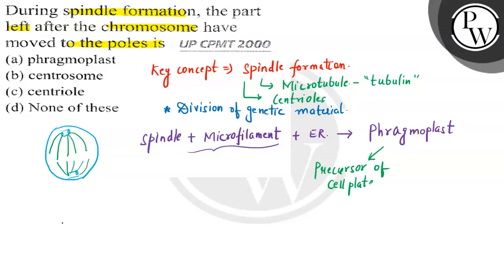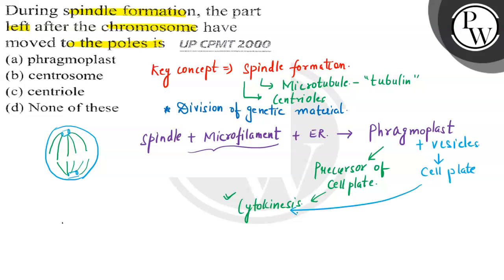When we talk about the cell plate, we can say this cell plate plays a very important role in the process known as cytokinesis, meaning in the division of the cytoplasm. So this phragmoplast is basically acting as a precursor for the formation of the cell plate, because only when the cell plate is formed will the whole process of cell division end. To convert the phragmoplast into the cell plate, it will combine with the vesicles in order to produce the cell plate, and then this cell plate will help in the cytokinesis process.